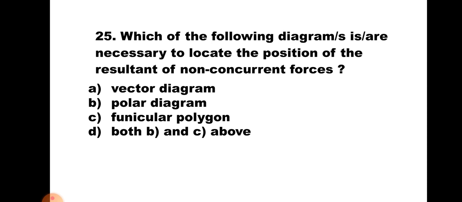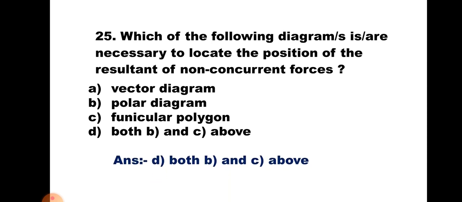In the analytical method, we do it using Varignon's theorem of moments. In the graphical method, this extra job is done by constructing two more diagrams, that is, the polar diagram and the funicular polygon. Hence, the correct answer is D, both B and C above.